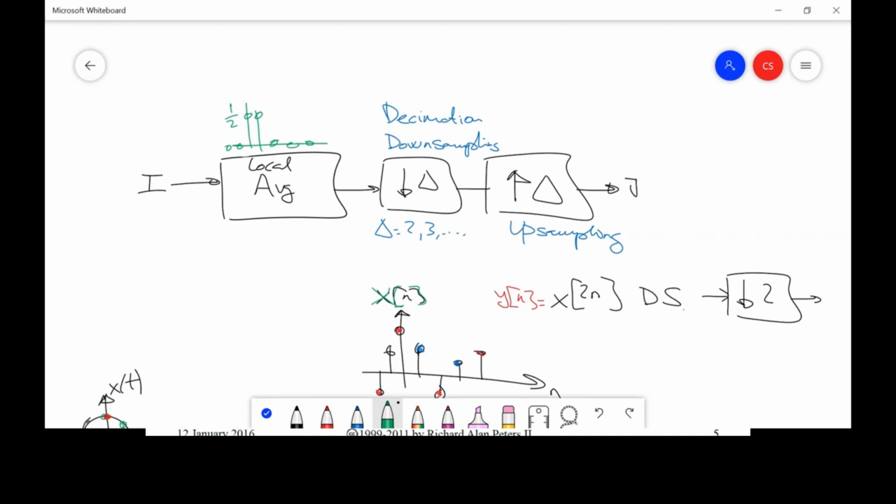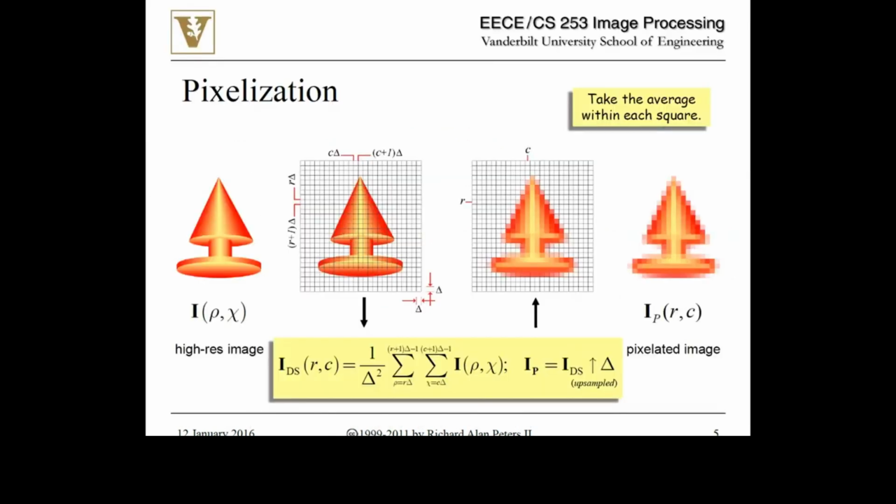When you do a downsampling by a factor 2 it could be this one, and if you do it by a factor n, it could be 1 over n. Okay, so let's see that. Let's see it on the slides.